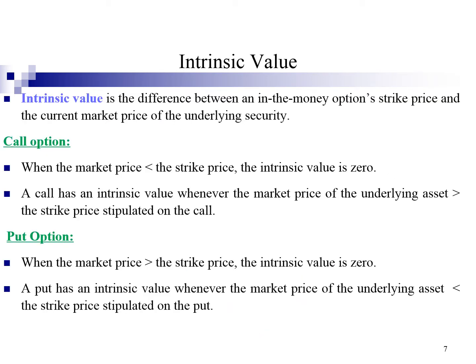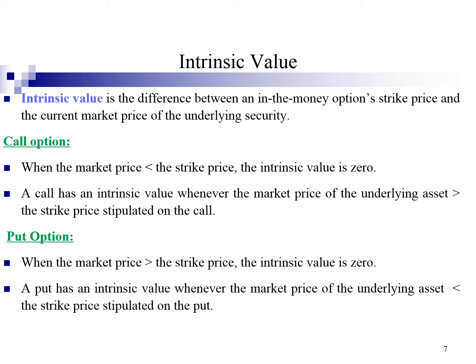Intrinsic value is the difference between an in-the-money option's strike price and the current market price of the underlying asset. The intrinsic value of a call is the difference between the asset's market price and the option strike price. When the market price is below the strike price, the intrinsic value is zero.